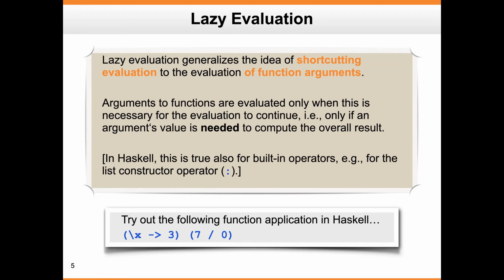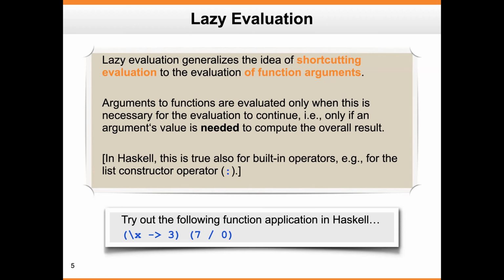So if you would run Haskell and you would execute this expression down here, which basically is a function application. The first part of the expression defines a lambda x, which maps any argument x to 3, to a constant, and then we apply this function to the division of 7 by 0.